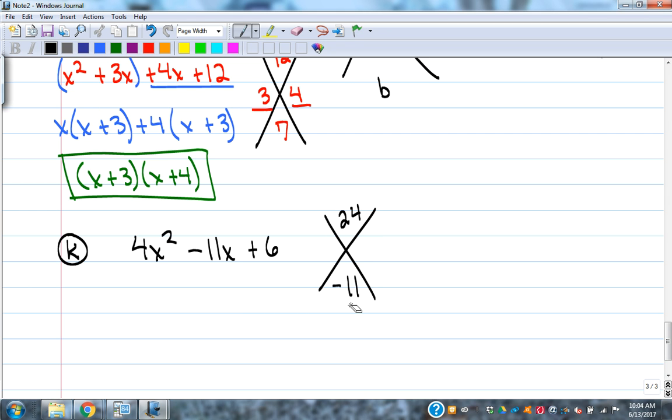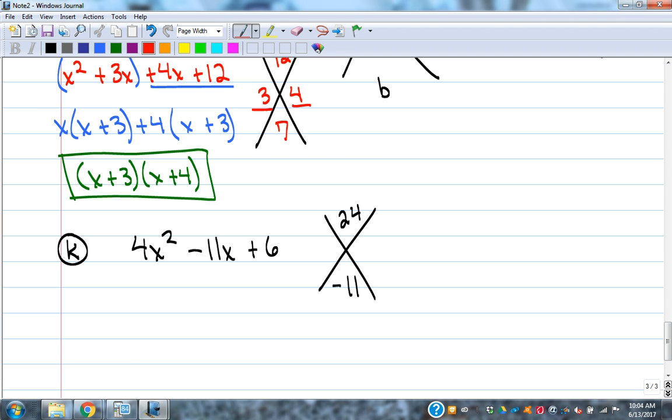What do we know about both numbers then, if they multiply to be positive but add to be negative? One negative and one positive would give me a negative product. They would multiply to be negative. If it multiplies to be positive, then the signs have to be the same. So if it multiplies to be positive 24 and adds to be negative 11, then both of them have to be negative numbers.